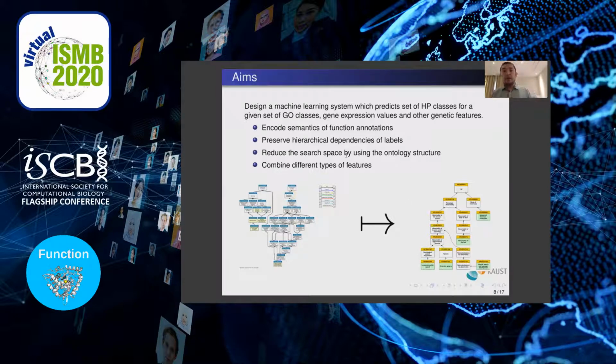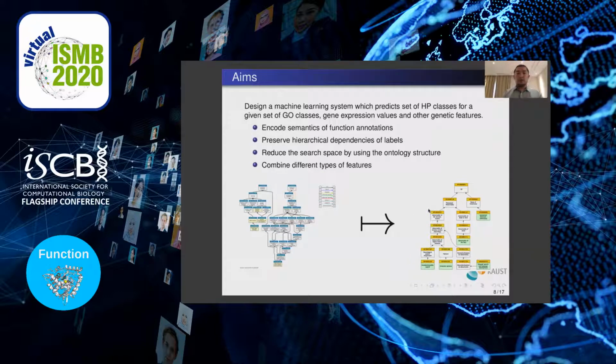We aim to encode semantics of functional annotations that are encoded by gene ontology. And we also would like to preserve the hierarchical dependencies of our predicted labels. So we want our prediction scores to be consistent with an ontology structure. In other words, if we, for example, predict a specific class, which is a subclass of a subclass, we want superclasses to have higher scores than its children.